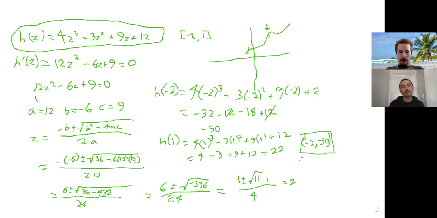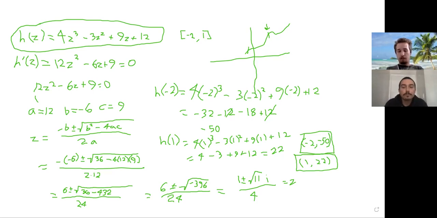And our absolute maximum is 22. That's our absolute max, because 22 is the highest value and negative 50 is the lowest value. And that's extreme value theorem.